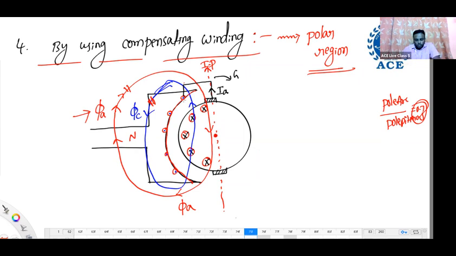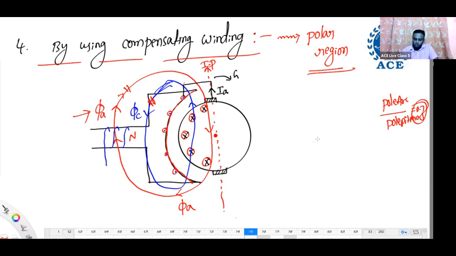Now, can we connect the compensating winding in series with the field winding here? No, because the compensating winding should produce a flux only when there is armature flux. Suppose under no load condition, is there armature flux? No armature flux. Then is compensating flux required? Not required.